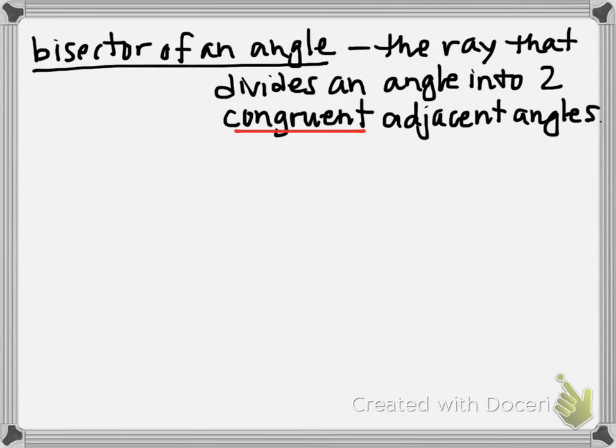Okay, and the reason why I say that it's really important that you understand that what you get are two angles that are congruent. From there we can conclude they have measures that are equal. So here's a couple things we can look at in our example.